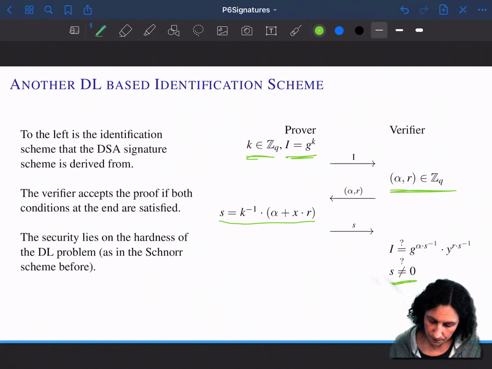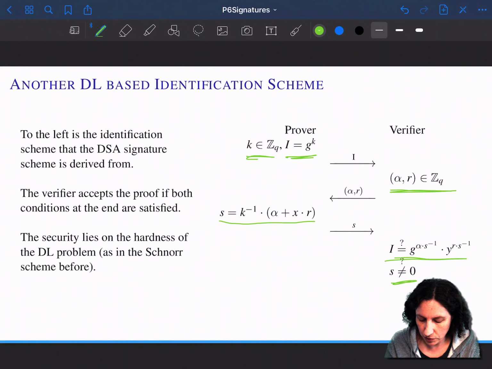It shouldn't be. And if this is the case, then you also check if I equals g to the alpha times S inverse times y to the r times S inverse. So you can see it's really, really similar to before. It's just slightly more complex in terms of the exponents. And as before, the security relies on the discrete logarithm problem, and we'll just believe that.